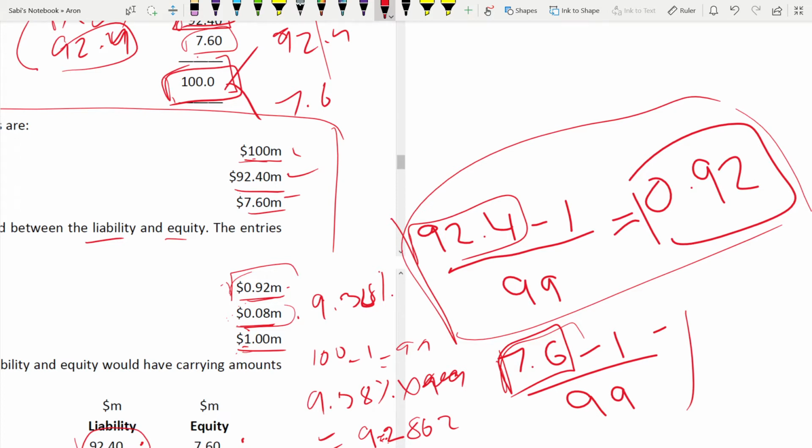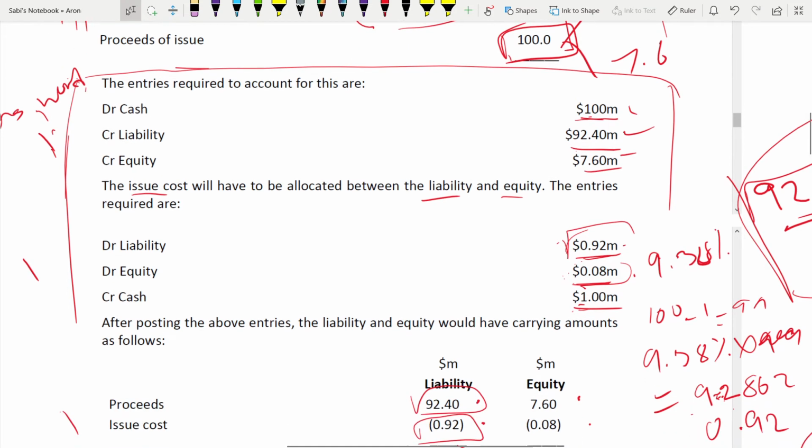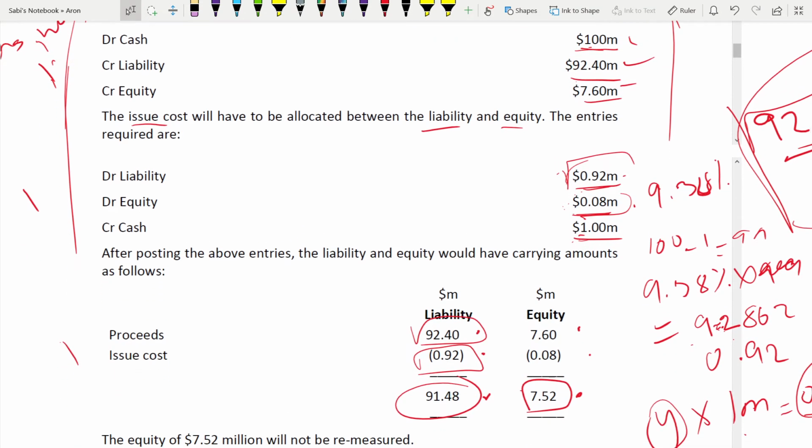If you work it out like this, you will get the marks, and then deduct that issue cost from the liability and get the amount. Basically here we are taking it in terms of percentage to find the proportion. After that, once you get it, deduct it from the liability and equity component.